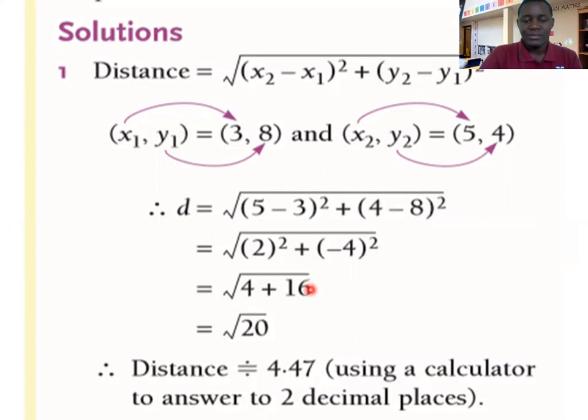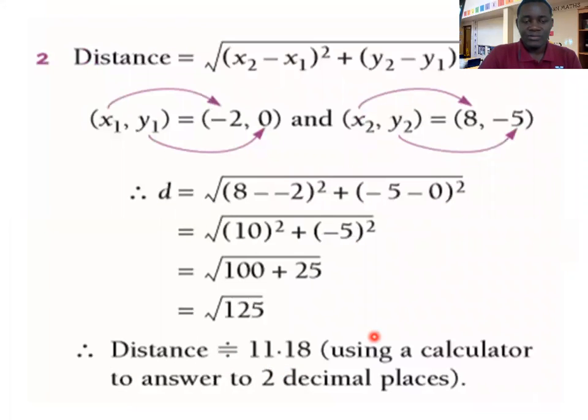In that simplification, we have the square root of 20. That would be the short form if we were to stop there. But if we press our calculator and give 3 significant figures, we're going to have 4.47 units as our answer. Of course, in the same manner, we get the second example.